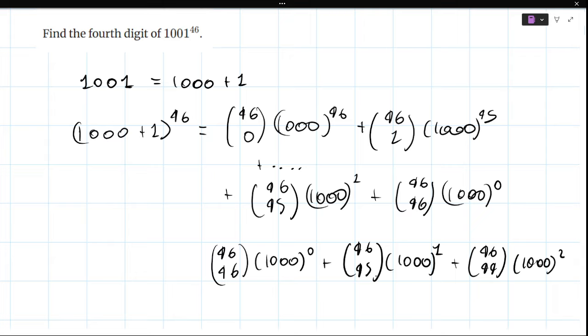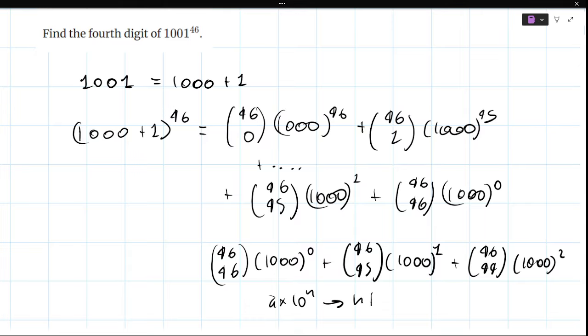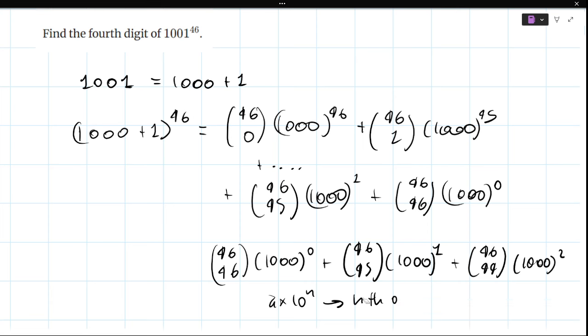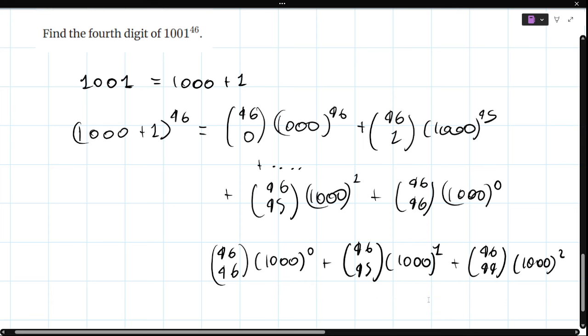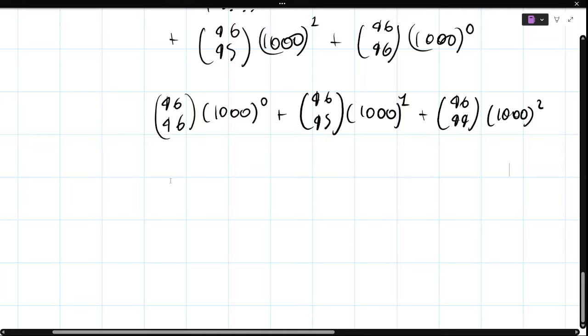And that's because if a is an integer between 1 and 9, then a times 10 to the n, I know that my nth digit is going to be a. So I'm going to exploit this fact to find the fourth digit that I am looking for.